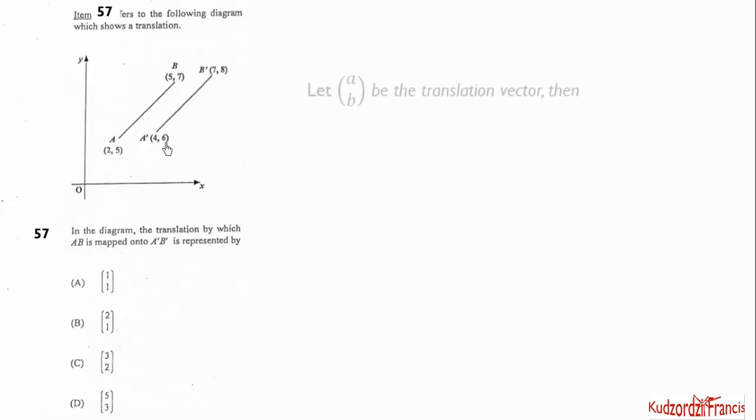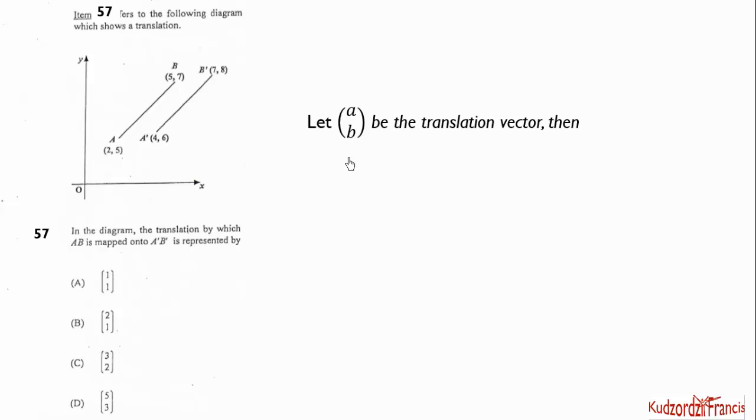So we know that a translation is just an addition of a vector. So let the vector that we added have components A, B. Then if you apply it to this point, we need to get this point. And if you apply it to this point, we need to get this point. Now let's check for this.